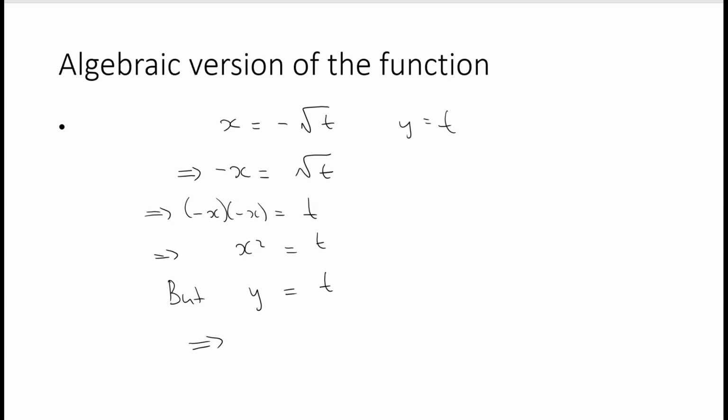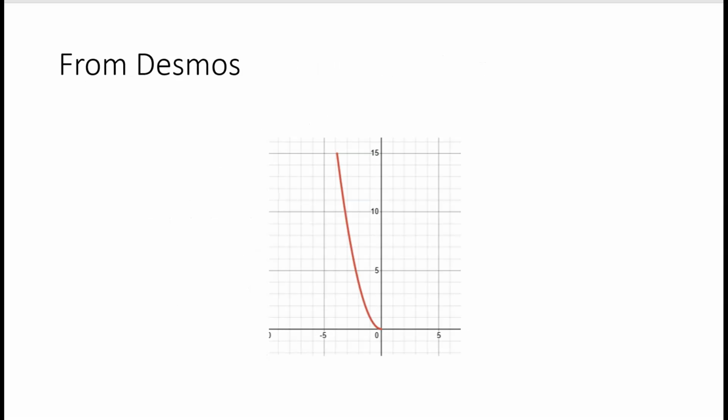So now we can say that y is also equal to x squared. Now, if you were to draw that, you know that it's a parabola, but provided here, in this particular case, x is less than or equal to 0. And there it is there, which is what you'd expect it to look like.